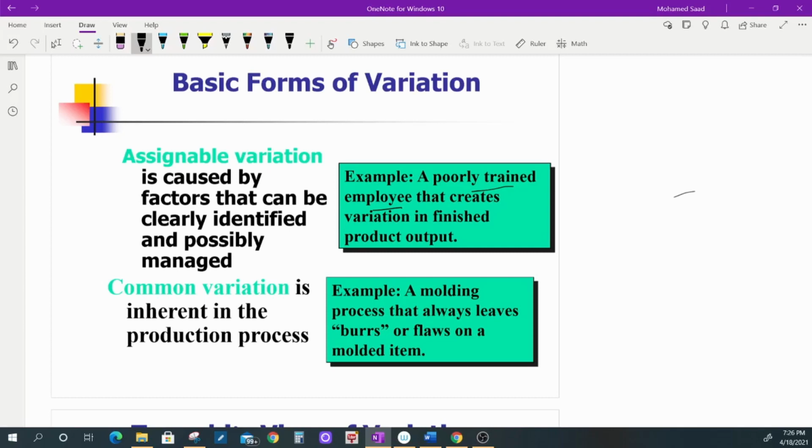If you have an untrained operator on this machine, who is supposed to do a certain procedure in the manufacturing process, his training and skill as an operator of this system will affect the dimension that you get at the end. But there are common variations, which are inherent in the production process.